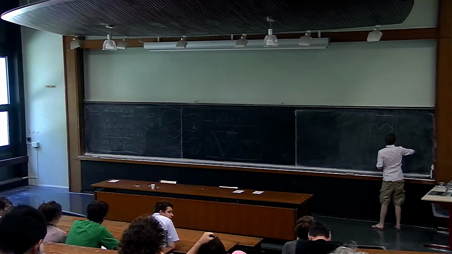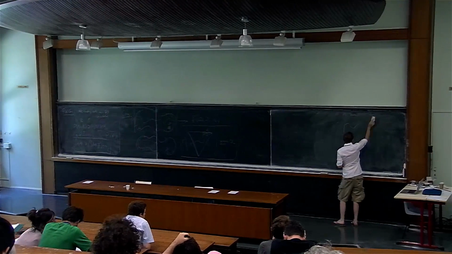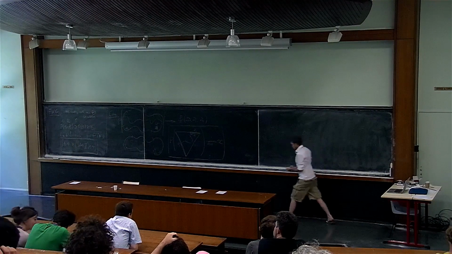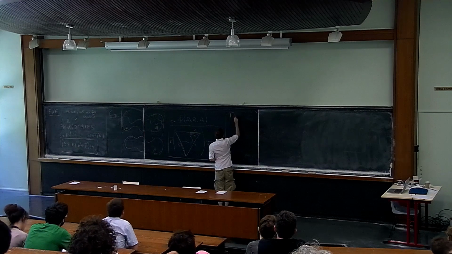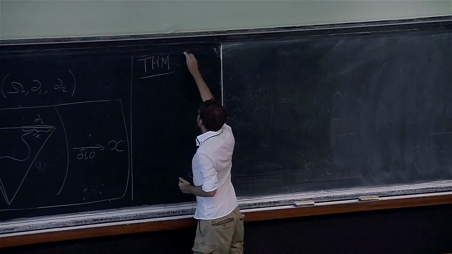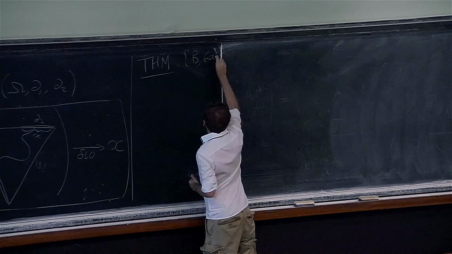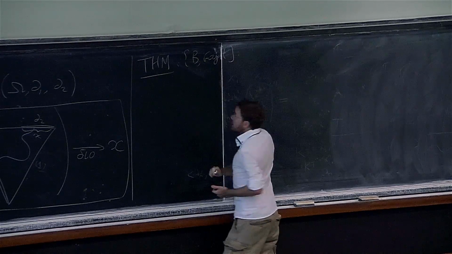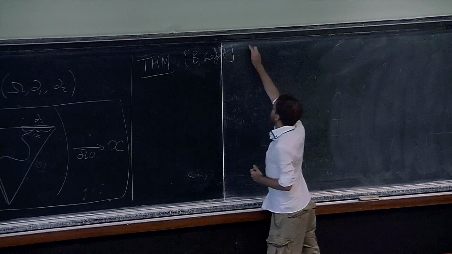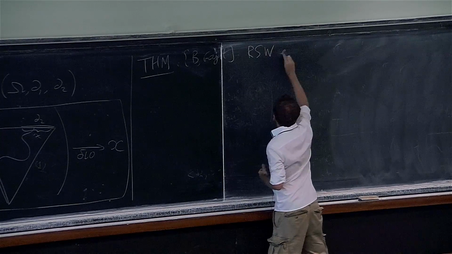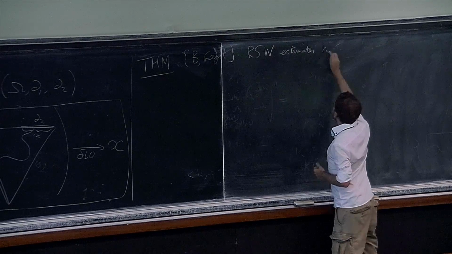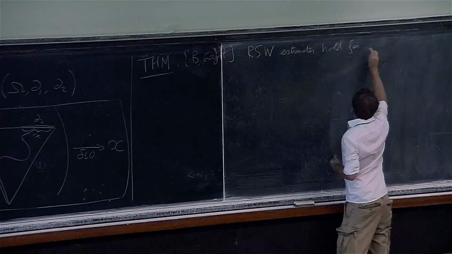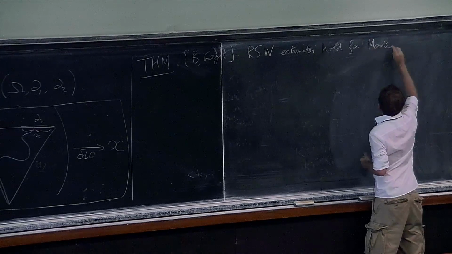And the main thing that we are able to show with Damien, it's this. So that's the theorem. And the theorem is that Russo-Seymour-Welsh estimates hold for model number 2.